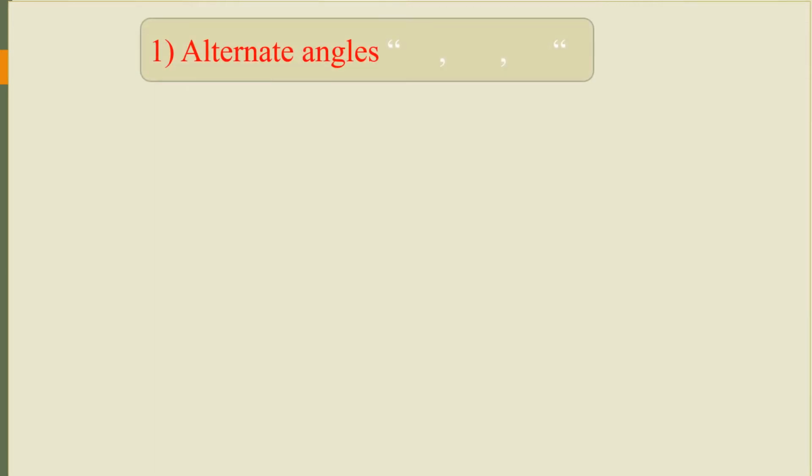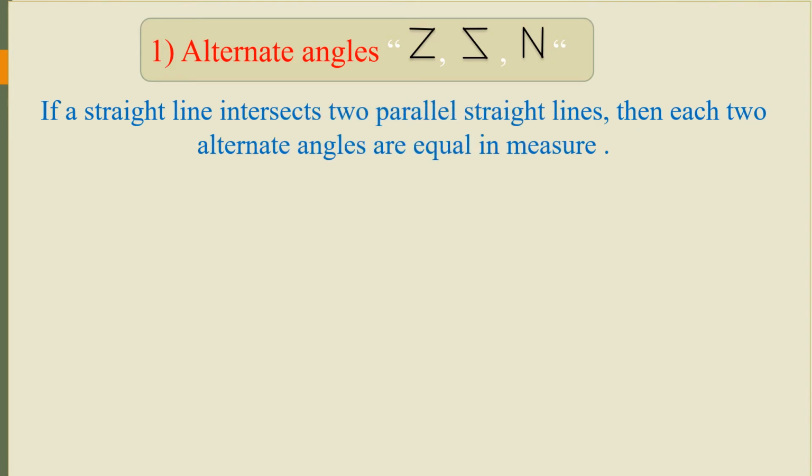Number 1, alternate angles. Alternate angles are identified using the letter Z. If a straight line intersects two parallel straight lines, then each two alternate angles are equal in measure.